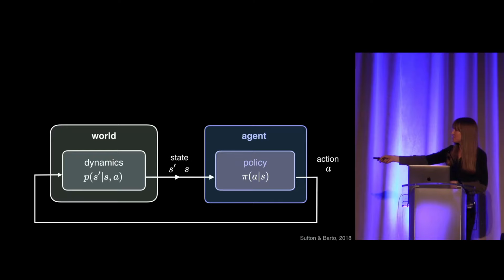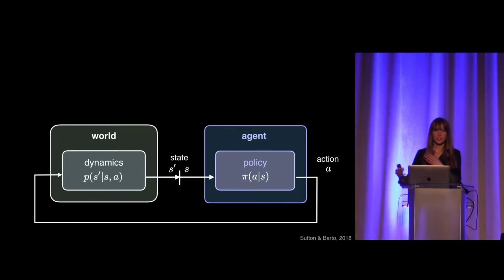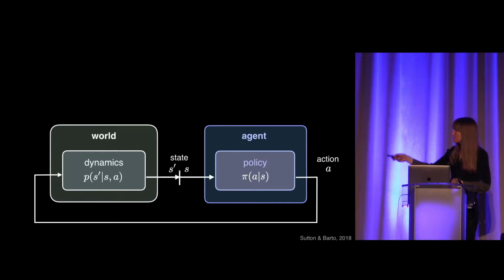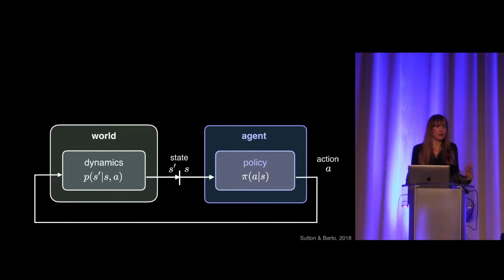This information is then signaled back to the agent at the next time step. So there's this continuous loop between the agent selecting actions, that changing the state of the world, and that being signaled back to the agent.